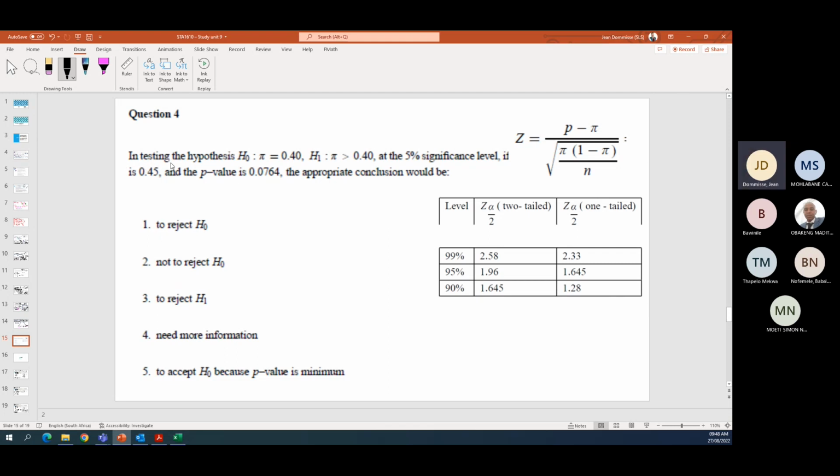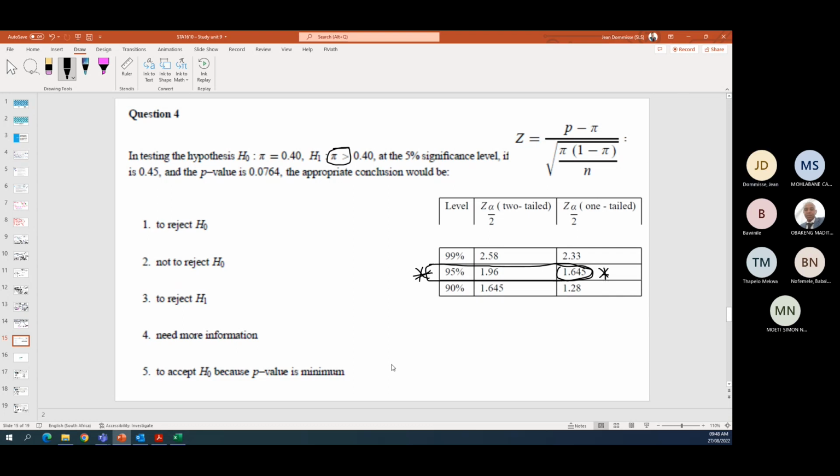So in testing the hypothesis at the 5% level, if that is needed, at the 5% level, one tail is that one.